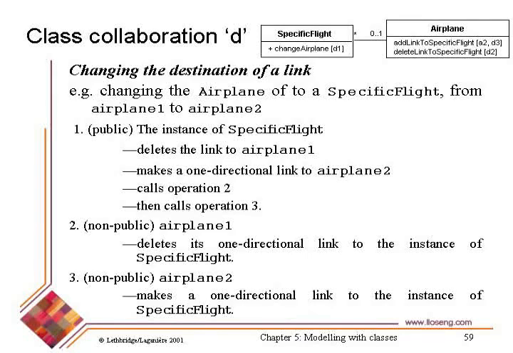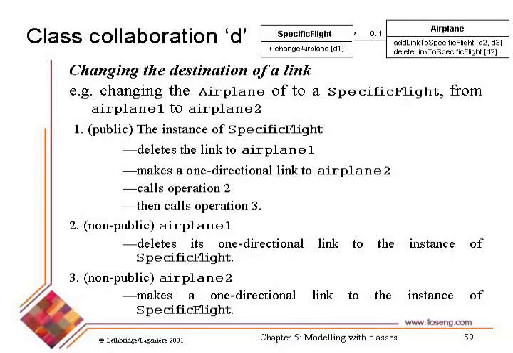The steps that the public change airplane method would do: delete the link to airplane 1, and make a one-directional link to airplane 2. It calls operation 2, which is in airplane 1, so airplane 1 has to delete its link back to the flight, and then it calls operation 3, which is making the link from the new plane to the flight.